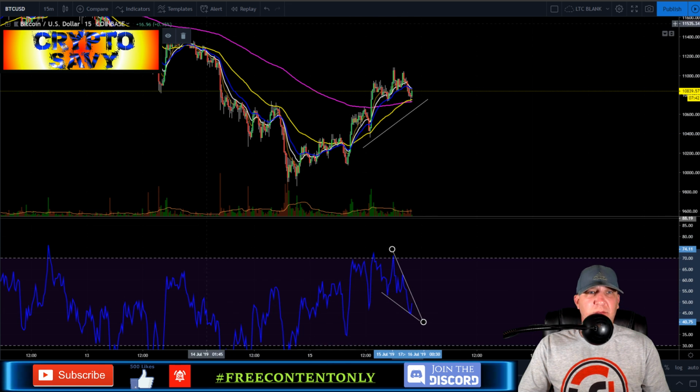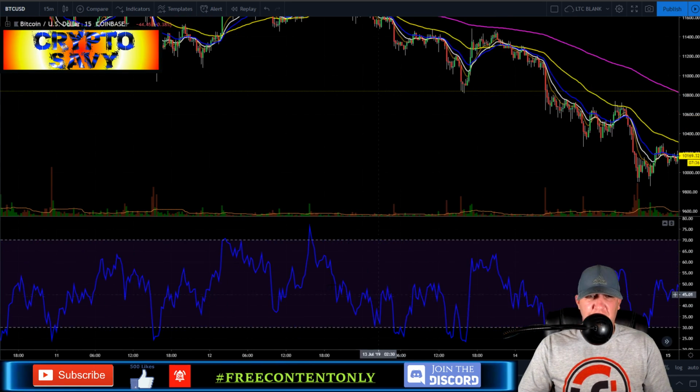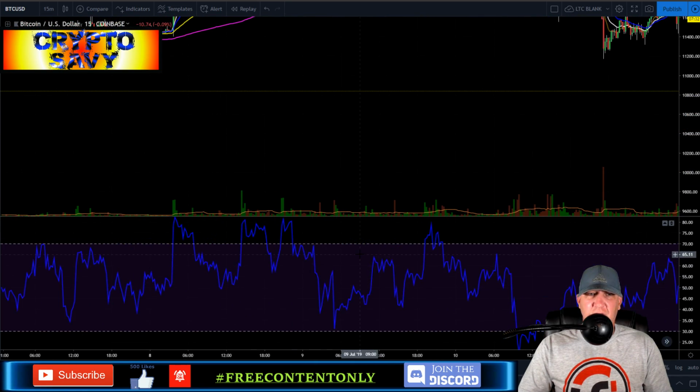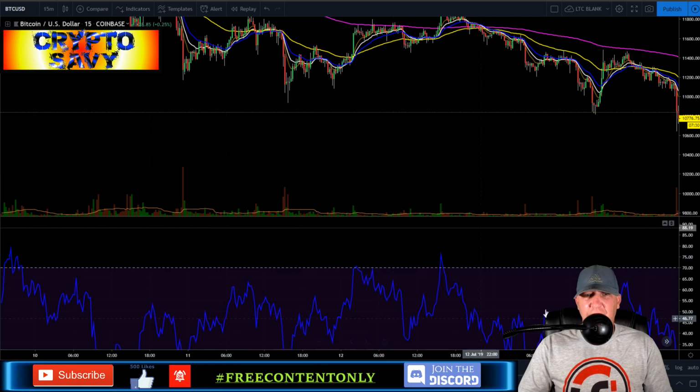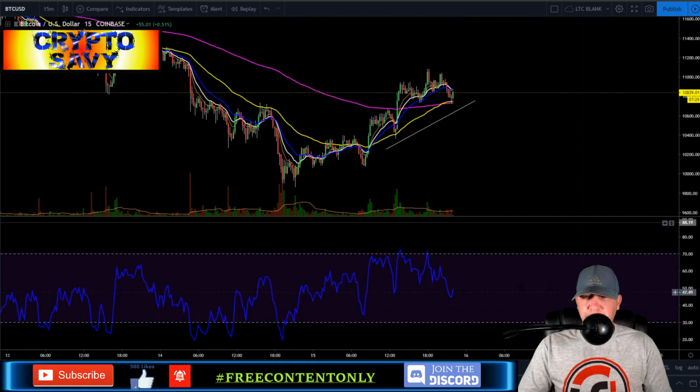So yeah, that's wedges. You can also find bull flags. Just study chart patterns, and like I said, you can also find them by looking in the RSI. It's kind of hard looking like this, but if you're really following a chart as it's forming, it's a lot easier to figure out what's going on.